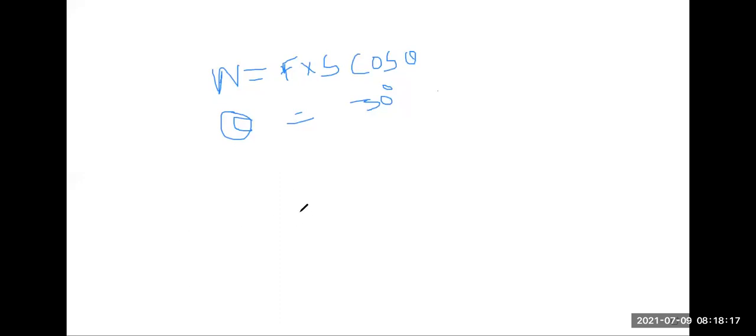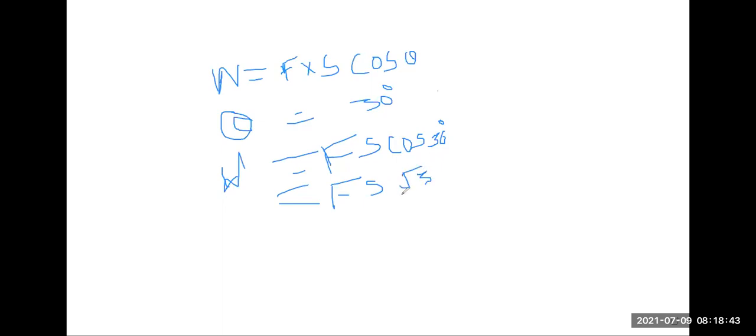Then we can write W is equal to F S cos theta, meaning cos 30. You have to write like this. Then cos theta's value we know very well: square root 3 upon 2. Getting it? Yes, sir.